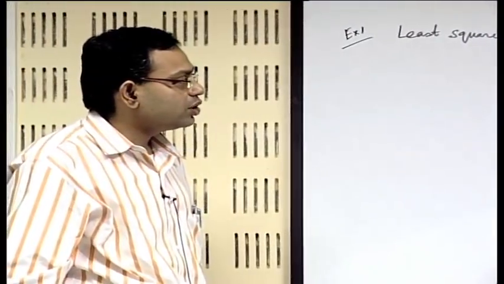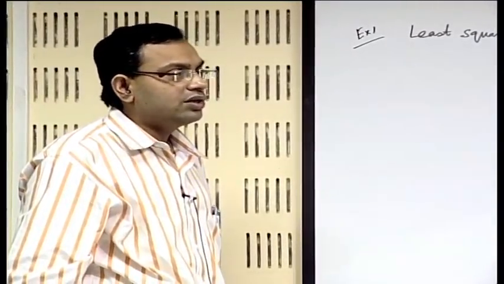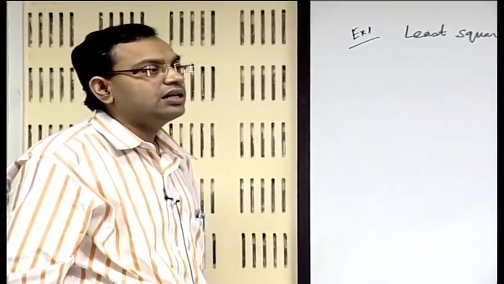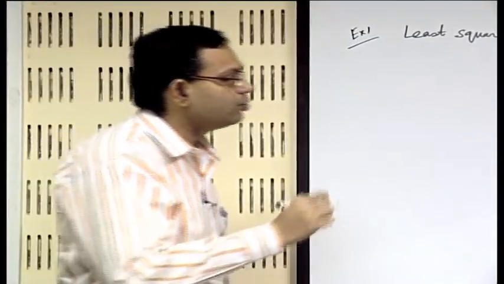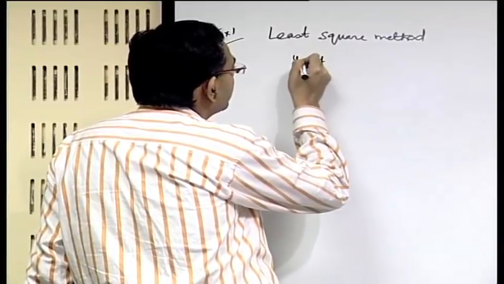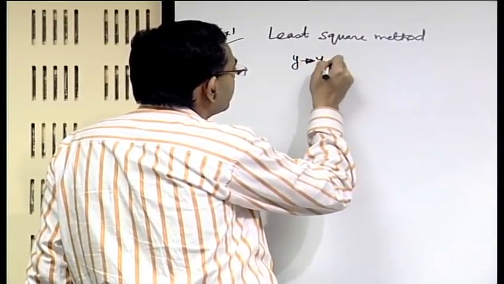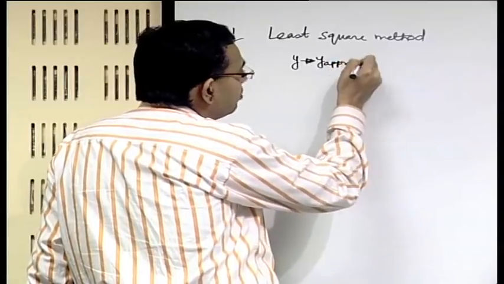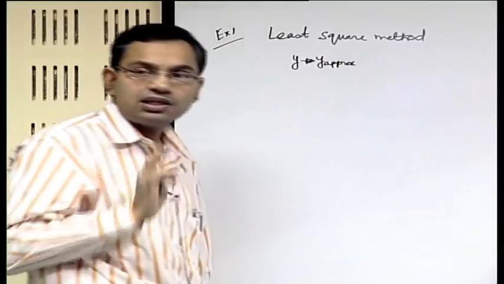So, in the least square method what we will do? We will try to minimize the error in a least square sense. First of all, in place of y we have some y approximate, that is there in all methods. So, there is a trial function.